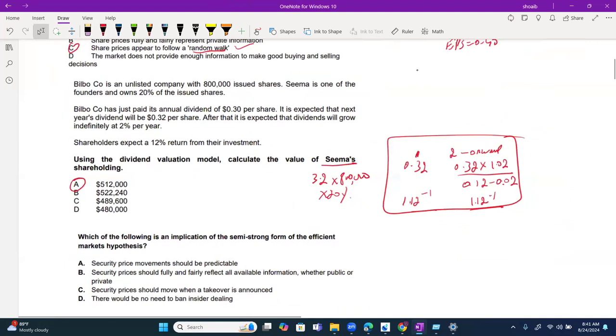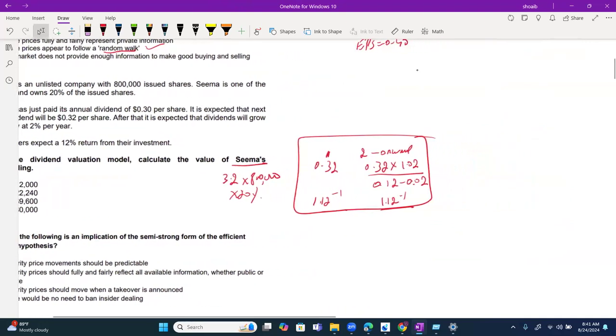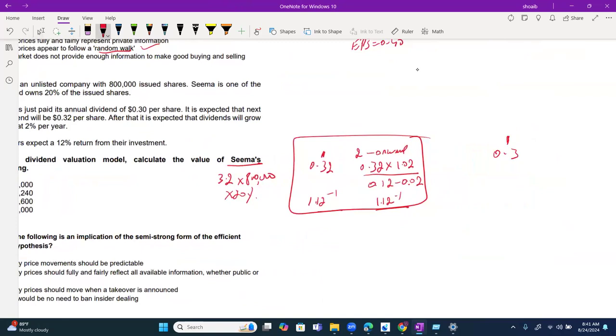In year 1, the dividend is 0.32, and next year onward, this is going to increase by 2%. So you can apply the formula directly here: 0.32 divided by cost of equity minus g. But in that case, do not multiply with 1 plus g. The answer would be the same. It's up to you which technique you follow.